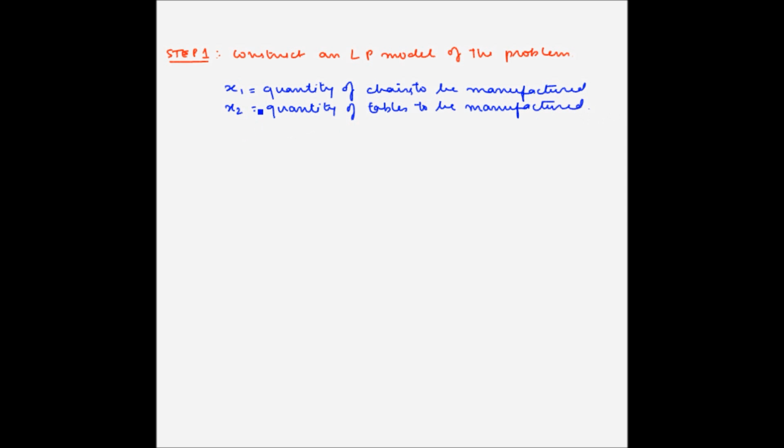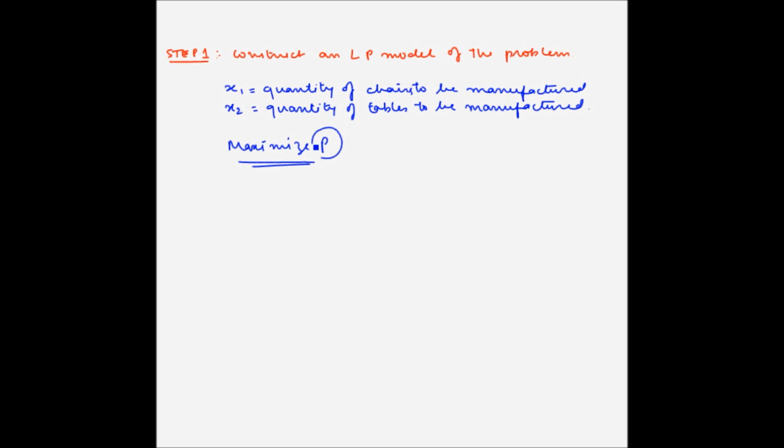By selling these quantities of chairs and tables, the company is going to make profits. Now the objective is to maximize profit, which we'll represent as P.